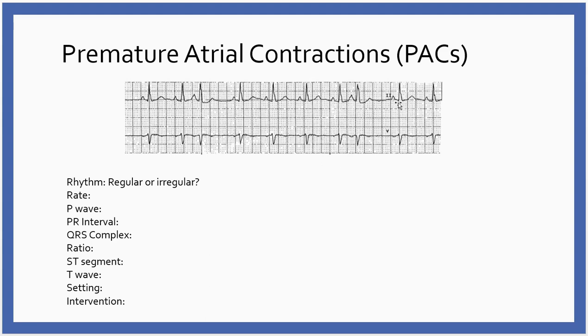Aha, beginning of the QRS to the end of the T wave is 2 big boxes, so my QT interval is 0.40 seconds. So what's my underlying rhythm? It's regular, it's in the 70s, I've got P waves, they all look about the same, okay? My underlying rhythm is a sinus rhythm.